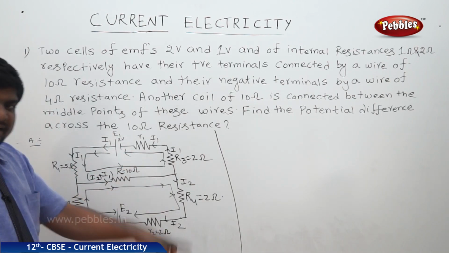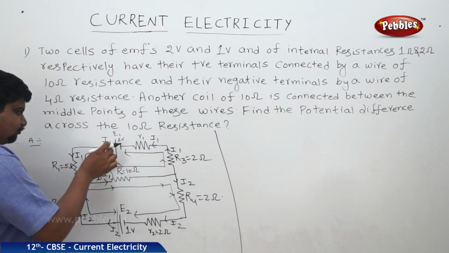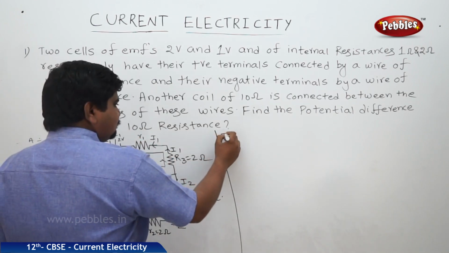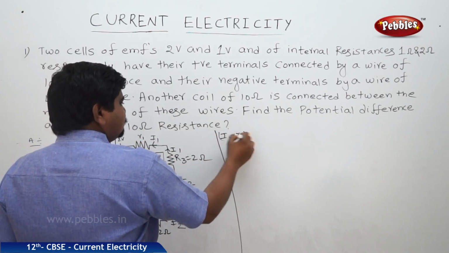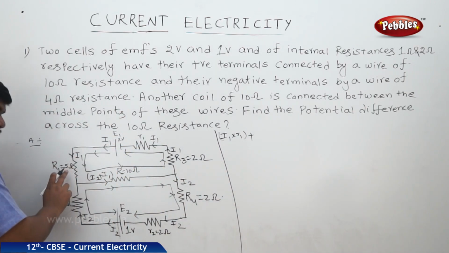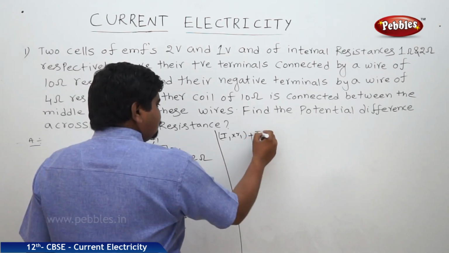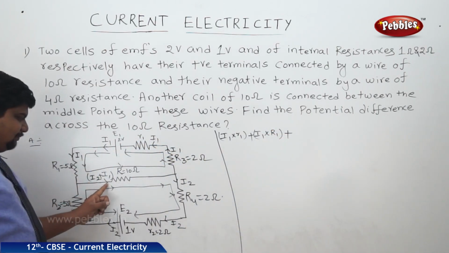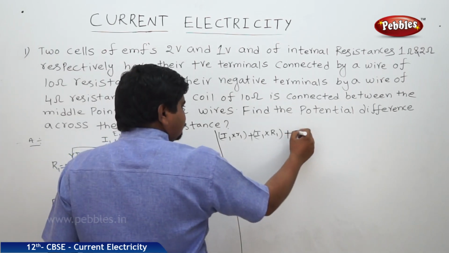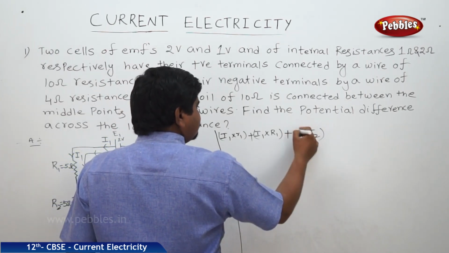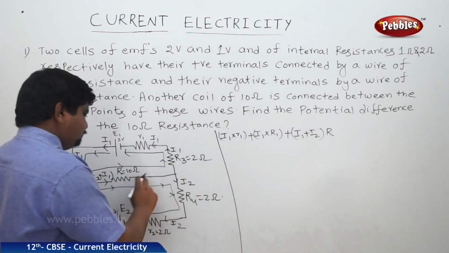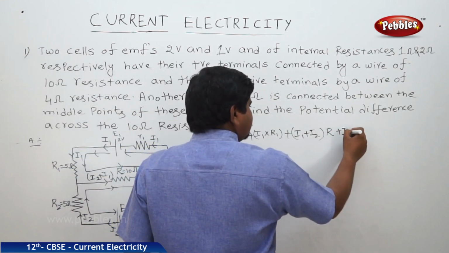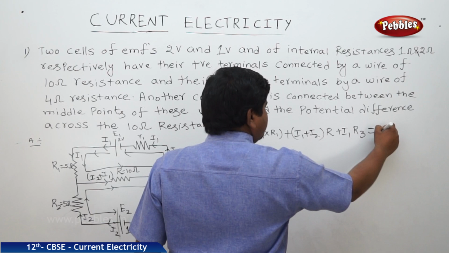EMF V is equal to E minus IR. So listen: I1 into r1, plus I1 into capital R1, plus (I1 plus I2) into capital R, plus I1 into R3, is equal to E1.